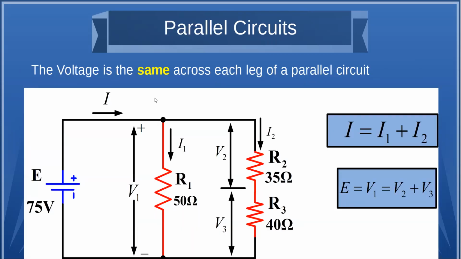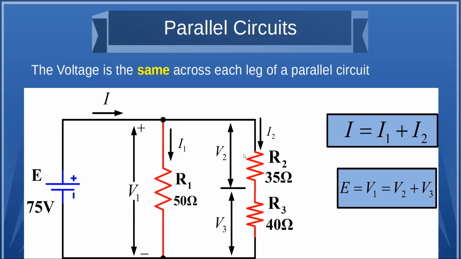If it's a parallel circuit, in other words, there's more than one path, the one thing that's common is the voltage across each of these legs is going to be the same. The current, however, is going to split. So the current at this point, we'll say I, splits off as I1 through resistor R1 and as I2 through resistors R2 and R3, which are in series.